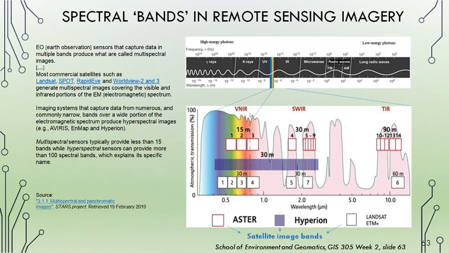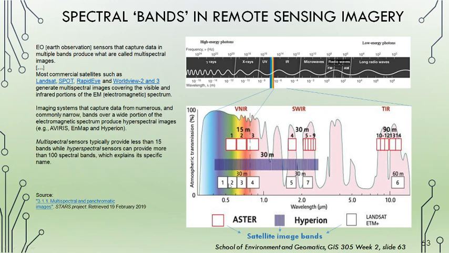You'll have the same thing done for green light, and that's band number 2, and red light in band number 3. And then once you're past that, you're in the near infrared area. Then you've got shortwave infrared and thermal infrared imagery, for which Landsat also delivers images.